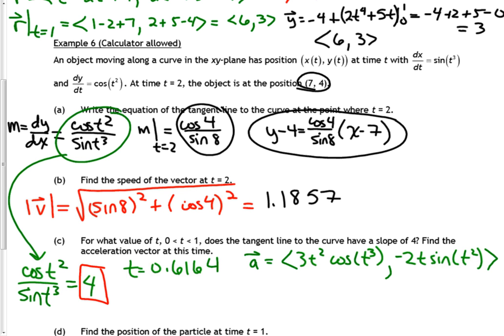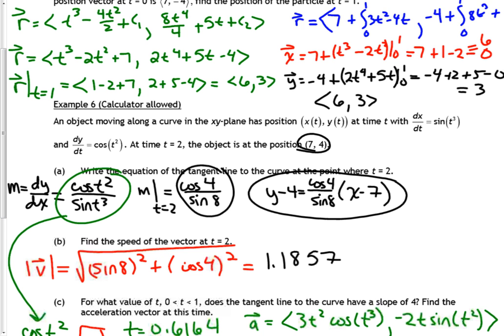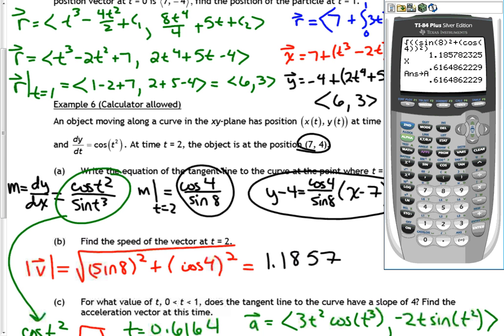So here's my acceleration vector, and I actually want to know, well, what is the acceleration at the time that I found, which I have stored in A. So I'm going to pull my calculator back up and plug this stuff in. So I have 3 times A squared, and then I'm going to multiply that by cosine of A cubed.